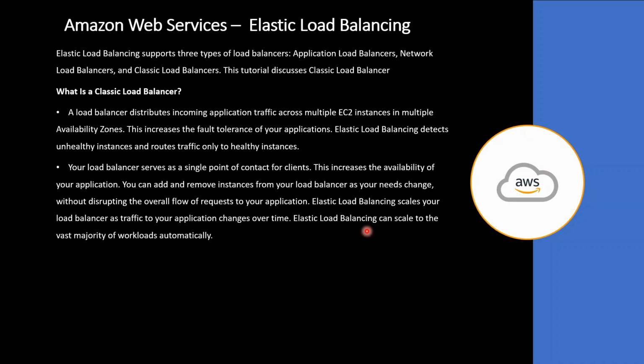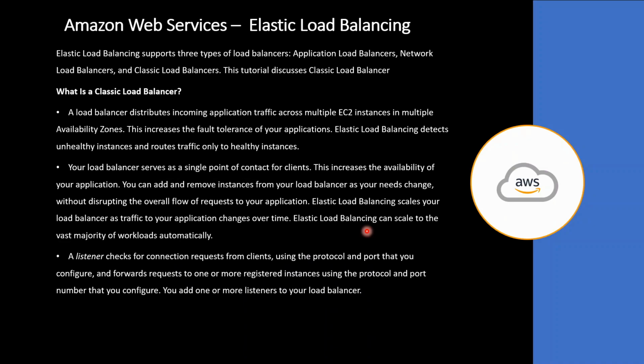You can add and remove instances from your load balancer as you need, without disrupting the overall flow of the requests of your application. Elastic load balancing scales your load balancer as the traffic to your application changes over time. Elastic load balancing can scale to the vast majority of workloads automatically.